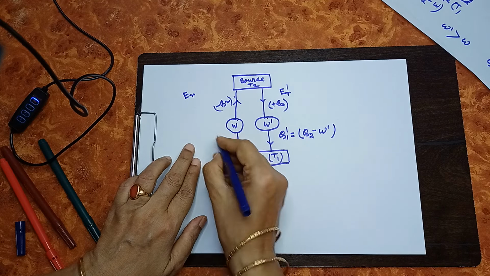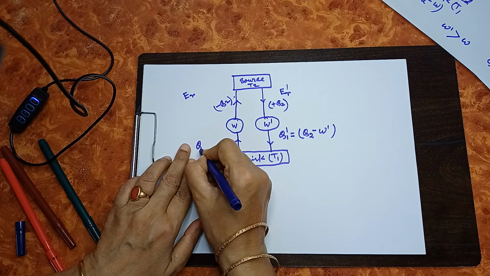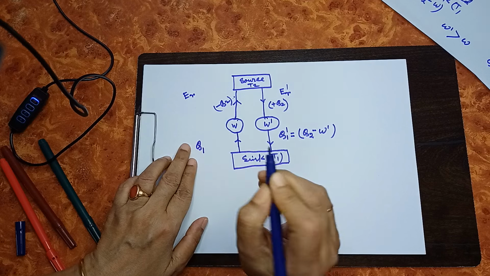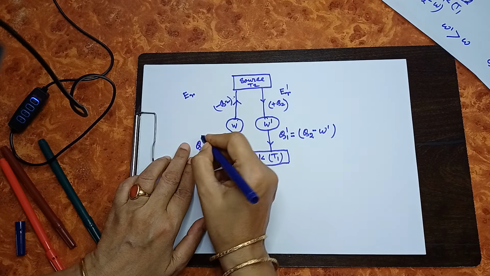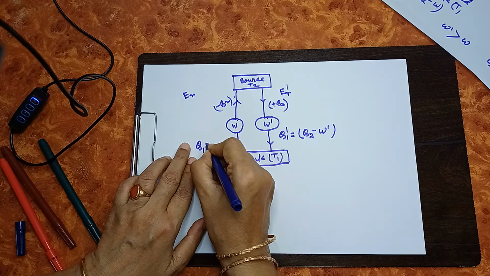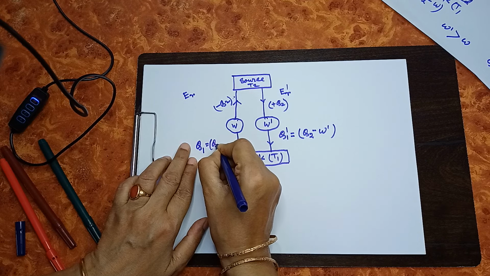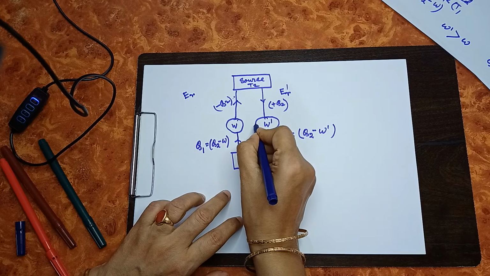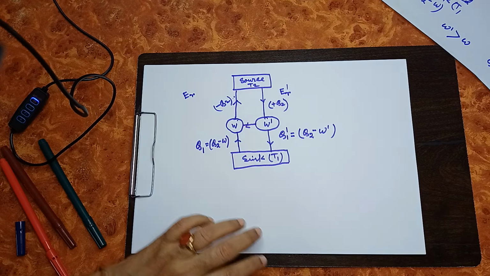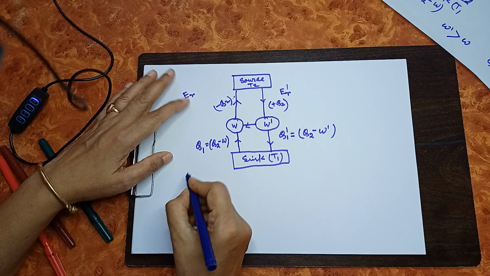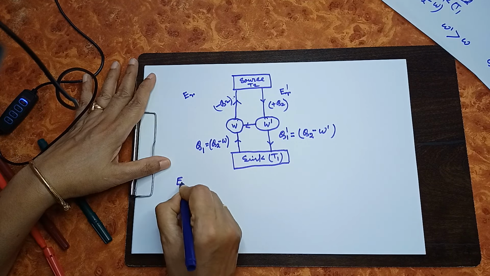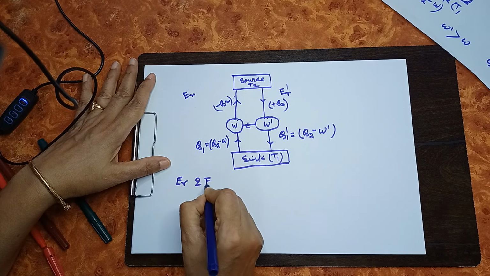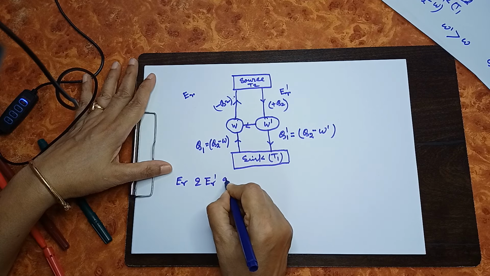And here it is absorbing heat, that is Q1. Okay. And already I wrote you Q1 is equal to Q2 minus W. This is the situation.